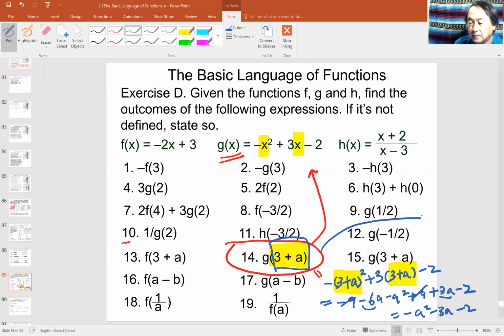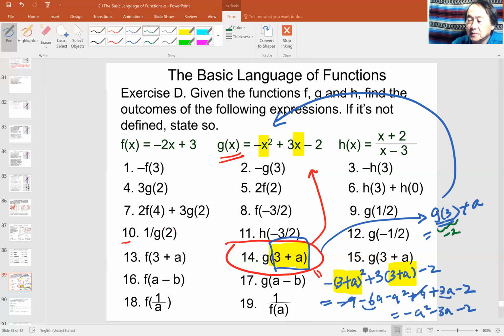Be careful. This is different from g of 3 plus a. What's g of 3 plus a? It asks you to take g of 3. So you put 3 into g. If you put 3 into g, you're going to get minus 2.